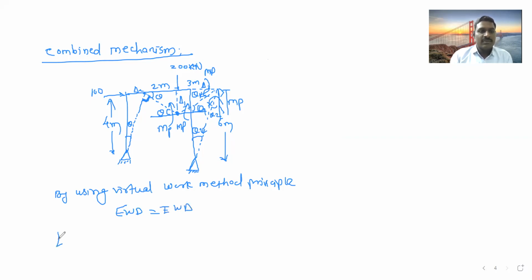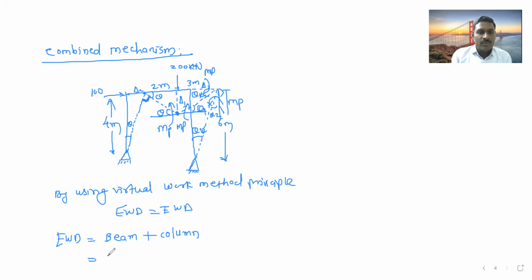So calculate external work done here. External work done is equal to... now here combined mechanism we are solving. So combined mechanism, it means what? Beam plus column. Are you getting? Combined mechanism, beam plus column we are solving.